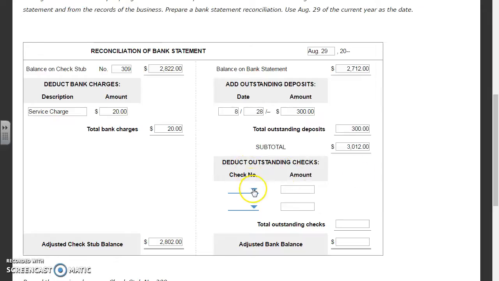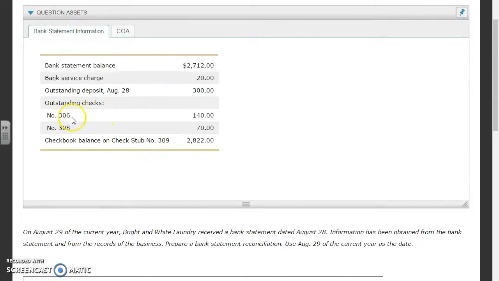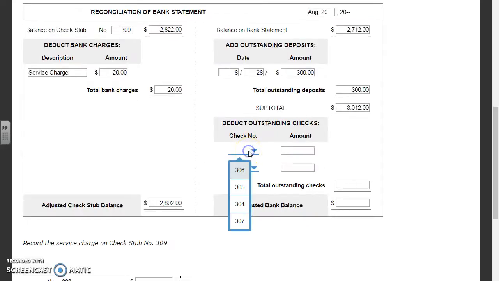Now we need to deduct any outstanding checks. Any checks that we have written that haven't been cashed yet, because those haven't been taken from our account yet. So we're going to go up here and take a look. We have two outstanding checks, number 306 and number 308, and we have the amounts right here. So we're going to fill that in. Check number 306 was for $140, and check number 308 was for $70.